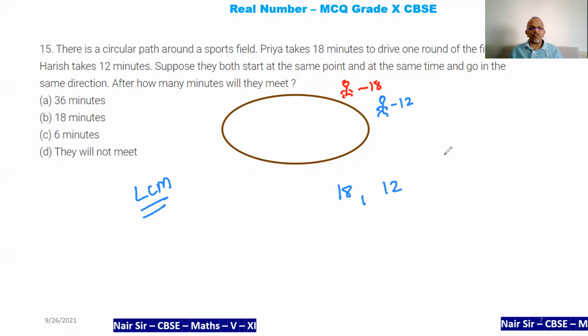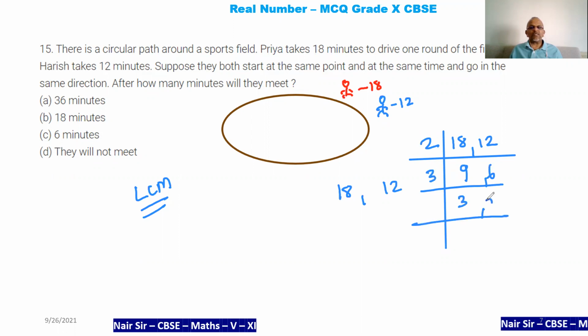I know you are in grade 10, so you should know this, but in case you've got any confusion, check it out. 2 9s are 18, 2 6s are 12, 3 3s are 9, 3 2s are 6, and I've got the answer now. 2 into 3 into 3 into 2. 2 3s are 6, 6 3s are 18, 18 2s are 36. That means they will meet each other after 36 minutes.